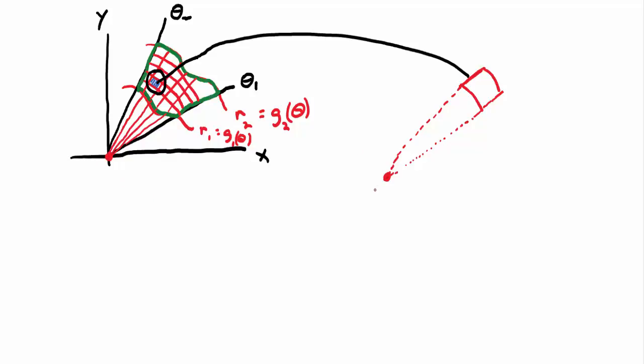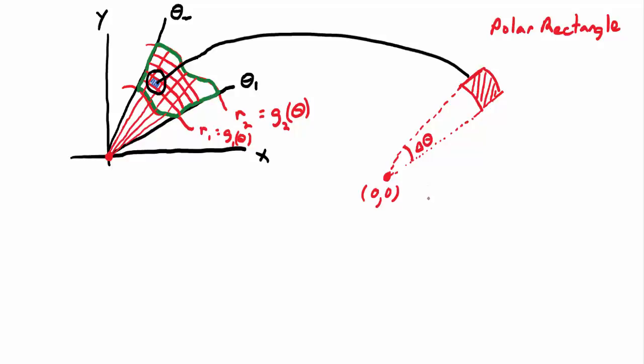Right there. Okay, so this then is our sub-region, our sub-polar rectangle. And I would like to find an approximation for the area of that. Well, this angle here, we could call it the change in theta.